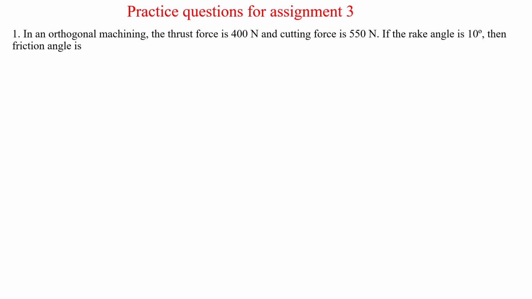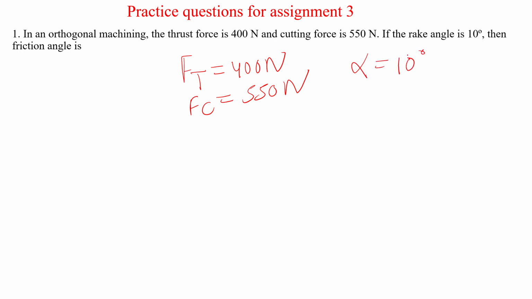Okay. The first question is, in orthogonal machining, the thrust force is 400 Newton. Whenever you see a question, just write what is given. Thrust force Ft is 400 Newton, the cutting force Fc is 550 Newton, and the rake angle alpha is 10 degrees.